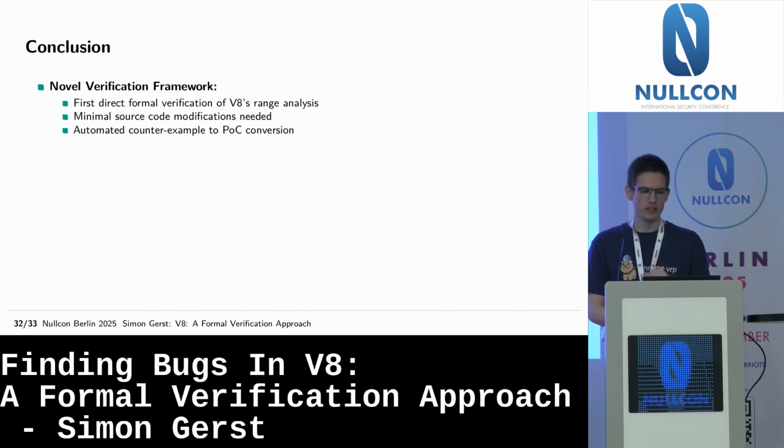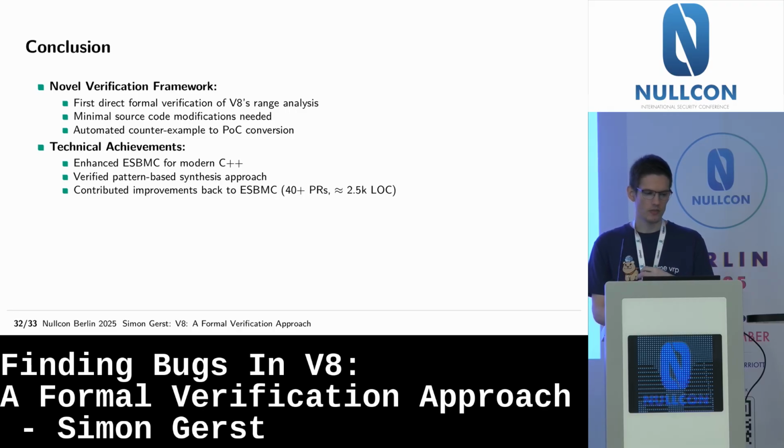Based on the counterexamples, I then created this pipeline which automatically generates JavaScript proofs of concept. And some technical achievements: I enhanced ESBMC, which is an academic tool. And if you throw an academic tool at software like V8, there are all kinds of places where it just explodes, because it has never been tested with those parts of the C++ standard.